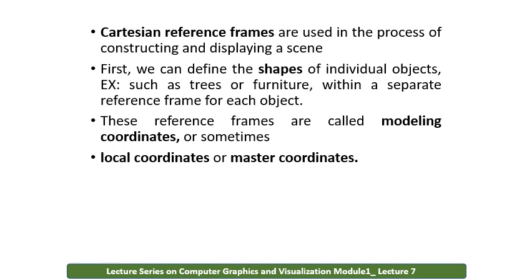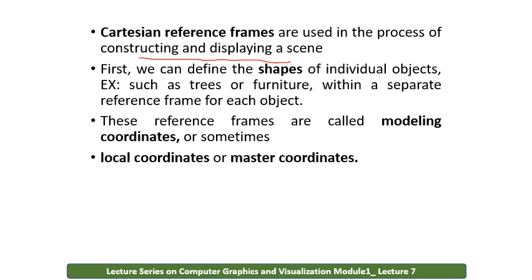So these help in understanding the Cartesian reference frames which are used in the process of constructing and displaying a scene. Whatever scene we are going to display on the monitor should be in terms of a Cartesian reference frame. First, we can define the shape of an individual object such as trees or furniture within a separate reference frame for each object.